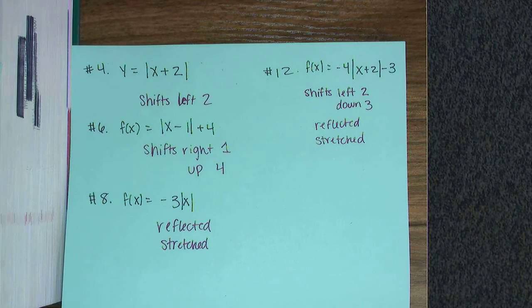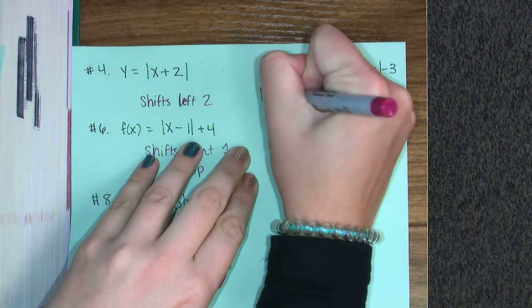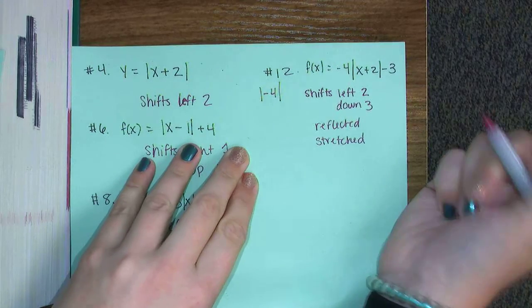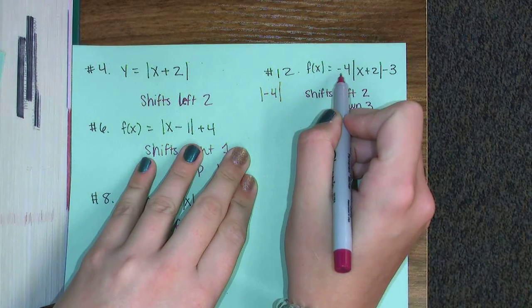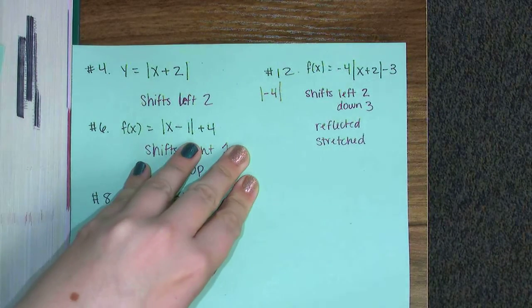Basically, the only way that it's being compressed is for it to be a fraction. I'm looking at the absolute value of negative 4. This whole thing is A. Negative 4 by itself is less than 1.